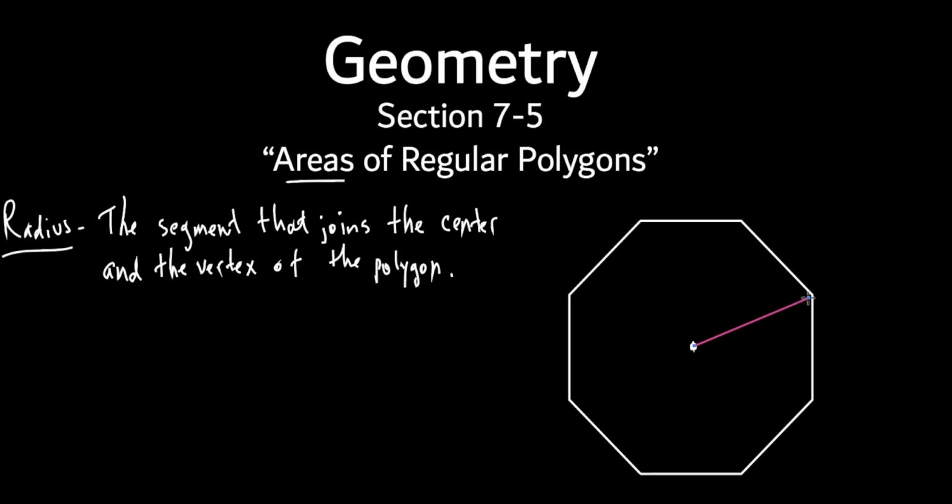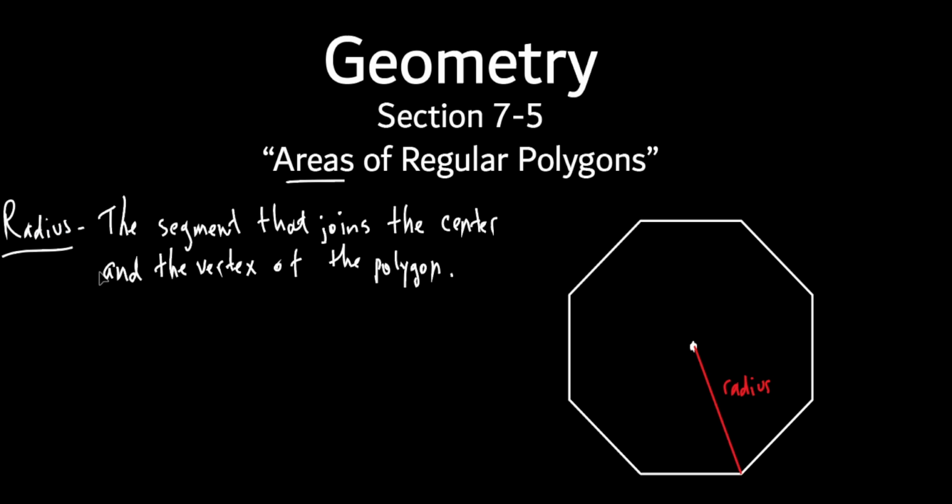Look, as long as this is a regular polygon, okay, that would be the same as that, that. Everybody see that? I can start from the center, go to any vertex on a regular polygon, and I'm going to use that one right there for a reason. Everybody okay with that? So what do we call this? The radius. Okay, so that is the radius. All right, so that's our first word.